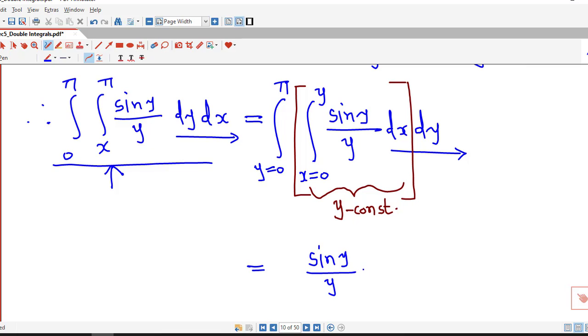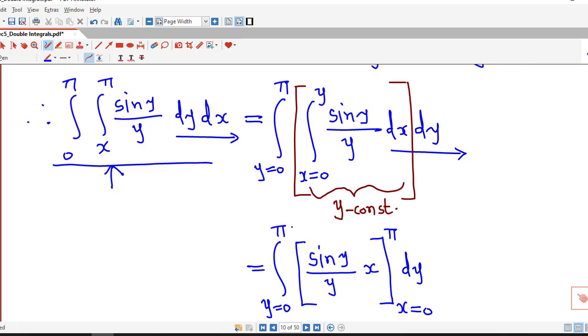So this is sin y over y, the integral is x, and here limits of x are from x equal to 0 to x equal to pi, and after putting limits we will obtain a function of y, which we will integrate from y equal to 0 to pi.